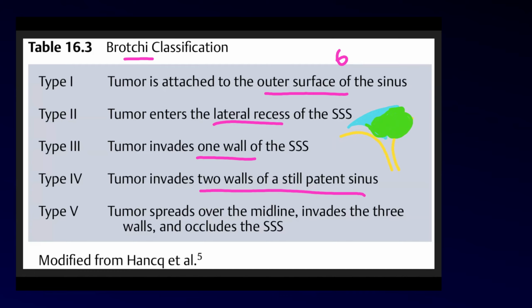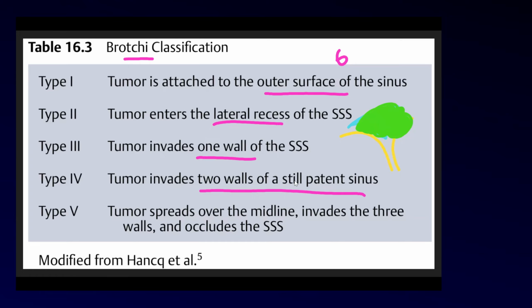So this is type 4. Type 5 is when it is spreading over the midline and invades the 3 walls, occluding the superior sagittal sinus. So this is going to be type 5. This is the Brocchi classification. It sort of overlaps with Sindou. We are going to take a look at Sindou as well. Am I clear so far, or am I going too fast?